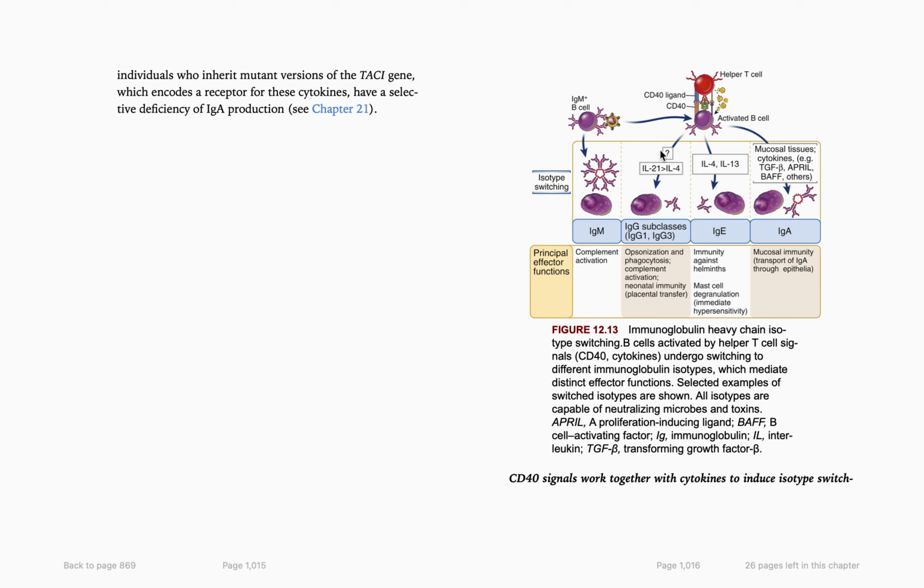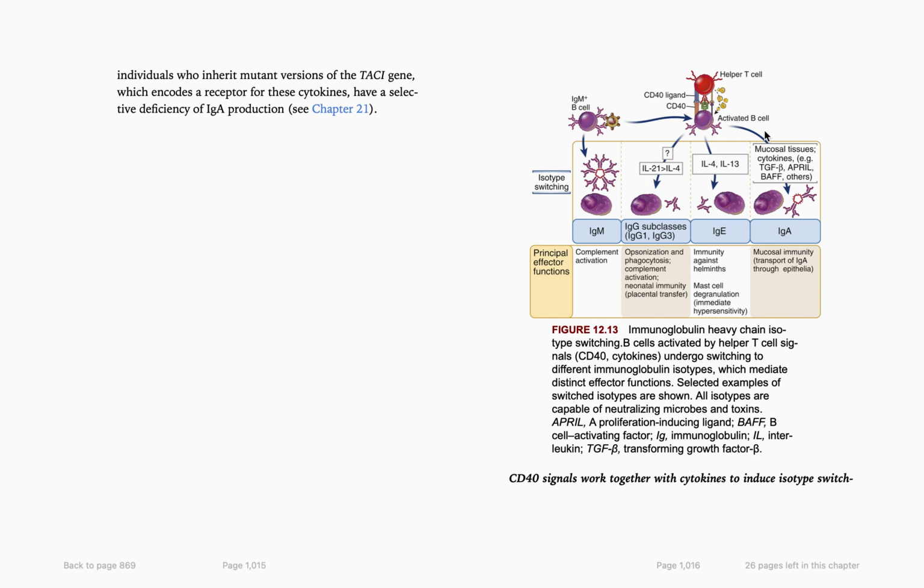So if a T follicular cell produces interleukin 21 and interleukin 4, you are more likely to activate IgG, IgG1 and IgG3. When there is more expression of interleukin 4 and 13, IgE is possible.